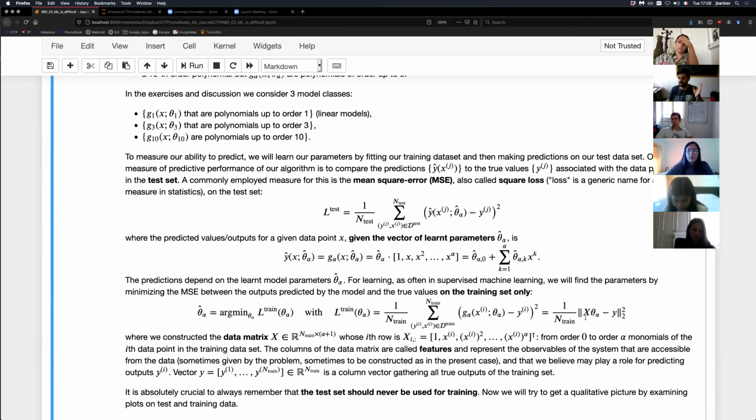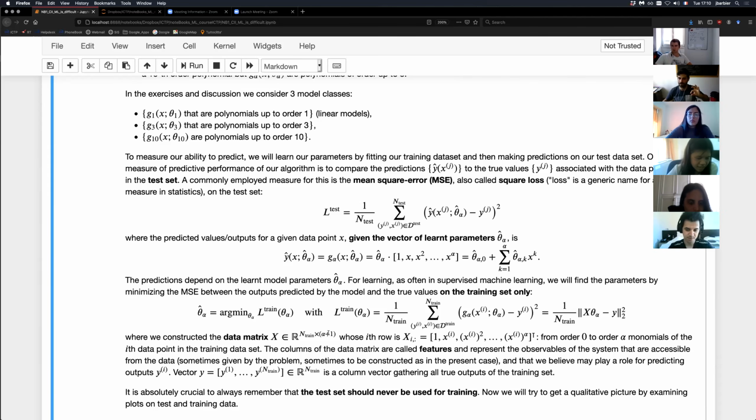And the features here are just monomials of our data X. For example, this data matrix is of size n train times alpha plus 1. Each row is a different sample. And the number of columns, which means the number of features, is alpha plus 1.